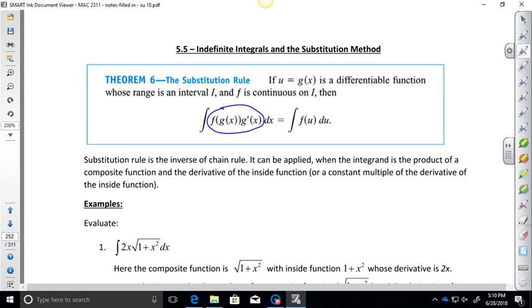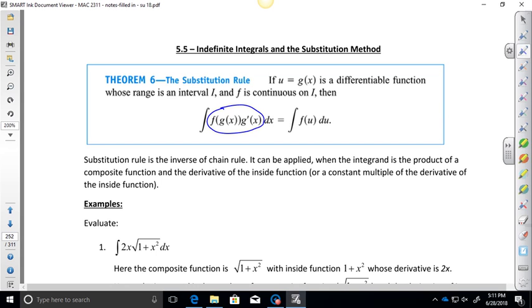Then we write the differential. What is du? du by dx is 4, so du equals 4 dx. Do you agree? Now I'm going to write this function as sine 4x times 4 dx. And that's equal to sine, what is 4x?